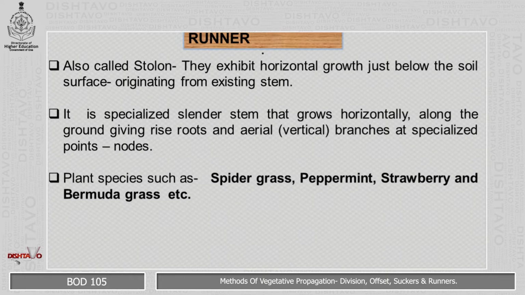It is a specialized slender stem that grows horizontally along the ground, giving rise to roots and aerial, that is vertical, branches at specialized points, which we call nodes. Now this is common in plant species such as grasses, spider grass, peppermint, strawberry and Bermuda grass.